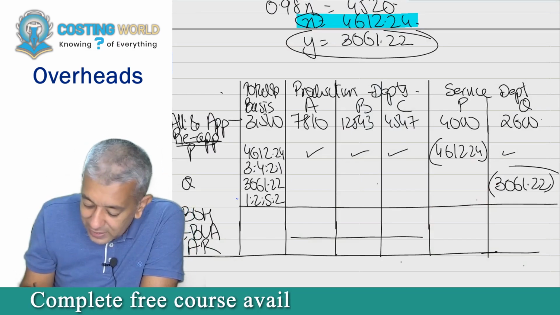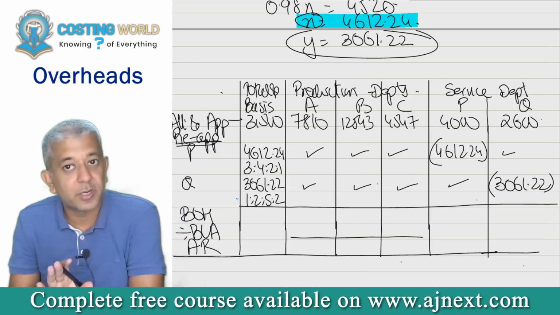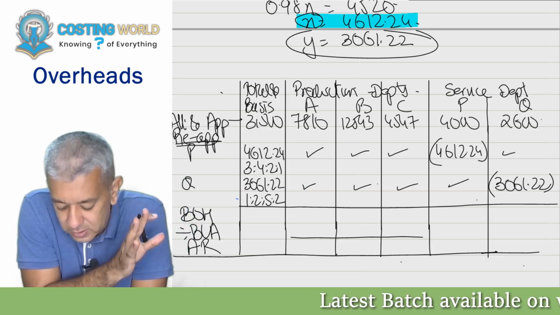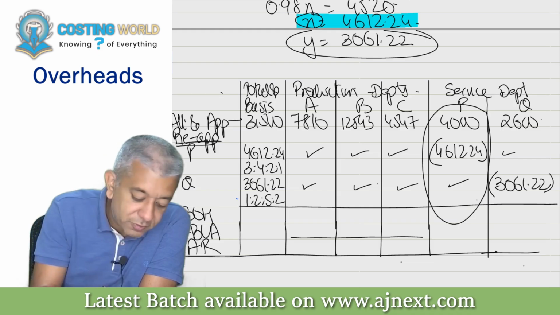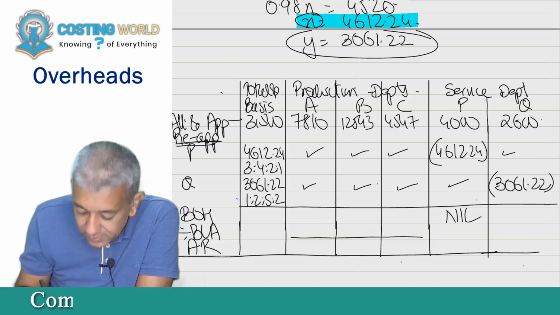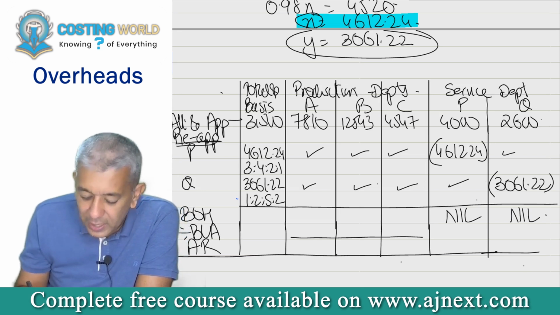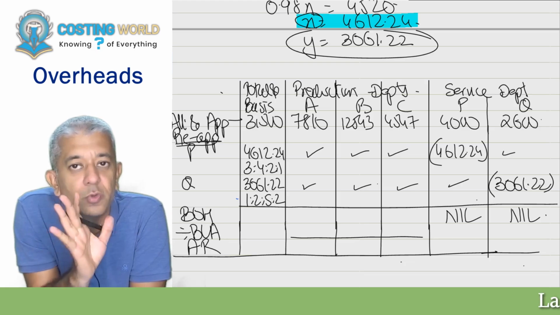So subtract this from here and take that among the other departments in this particular ratio. If after doing this, the cost of P becomes nil, the cost of Q becomes nil, it means your equations were correct. Reapportionment is over. Is that all okay?